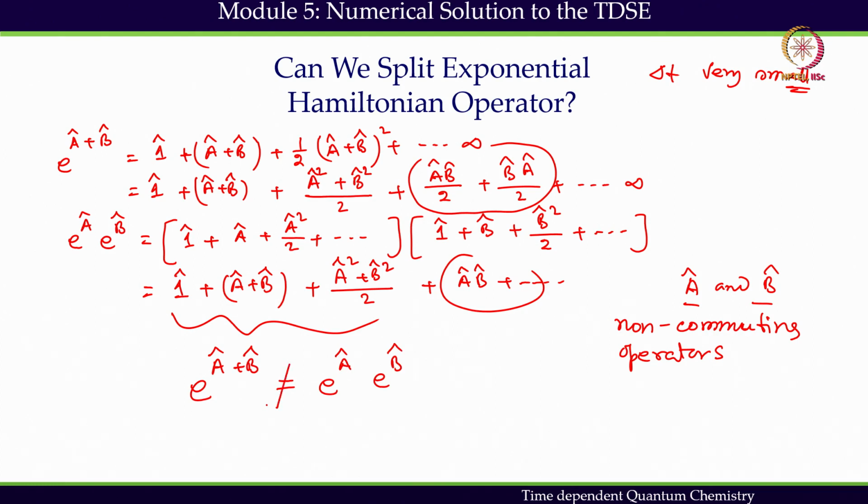They are actually unequal, they are not equal, and that is the reason why we cannot directly write down e to the power minus i Hamiltonian operator t by h cut as e to the power minus T e to the power minus V. So, they are not equal.